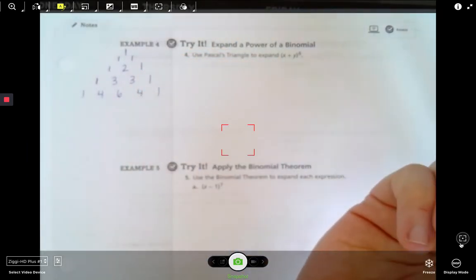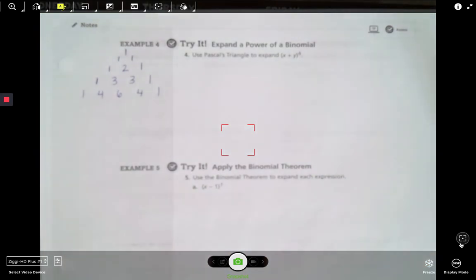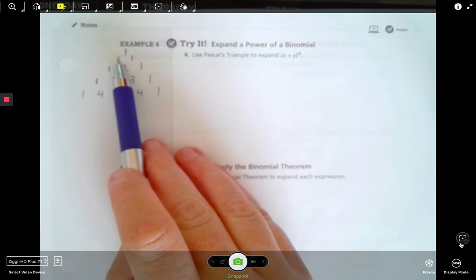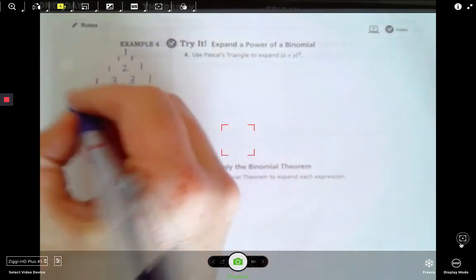So basically what I'm doing right here is I'm just rewriting anything that we had to do yesterday. And I just need it to the 6th row. So remember this was 0, 1, 2, 3, 4. I just need it to the 6th.